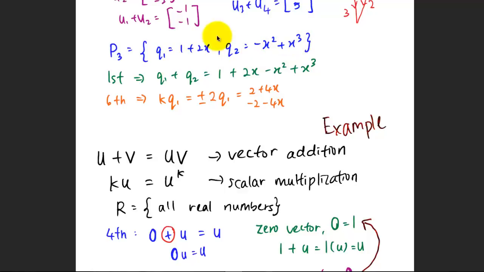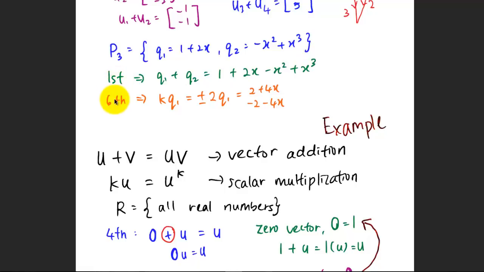So we want to know whether these two polynomial equations form a polynomial vector space of third order. Let's check the first axiom, the addition. So q1 plus q2 will give you 1 plus 2x minus x squared plus x cubed. This is within the region of third order polynomial equations because the highest power is 3.